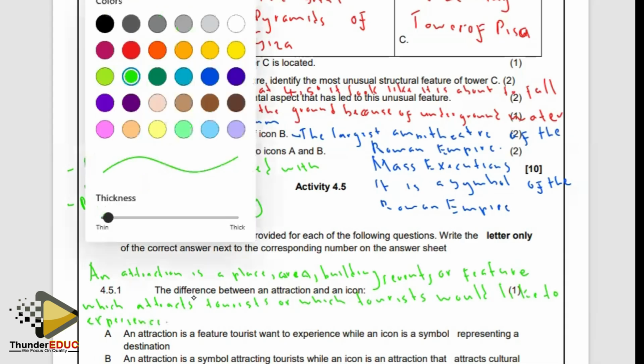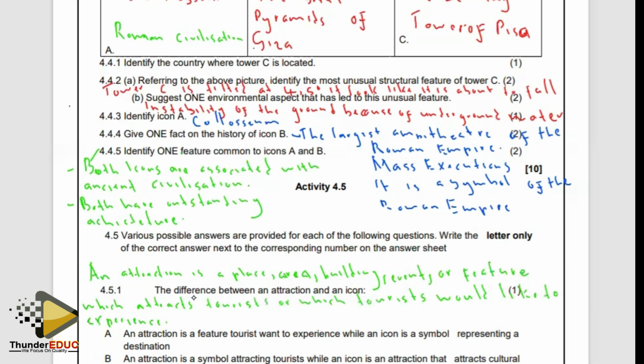All right, so that is the definition of an attraction.